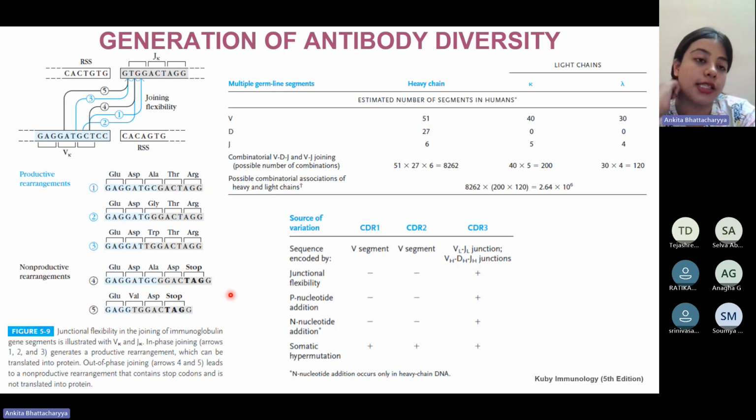So this is another source of diversity, because depending on how the junctional association is being carried out, very different combinations of antibodies can be observed, leading to more and more diversity. This table shows a comparison of the different types of germline segments and the way DNA segments are associating with each other in a way which is bringing diversity.